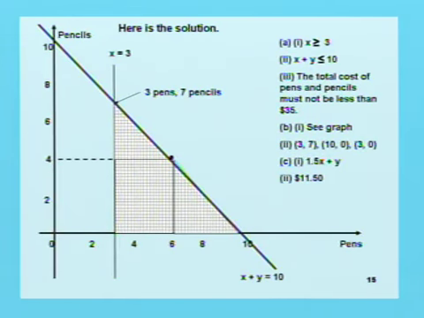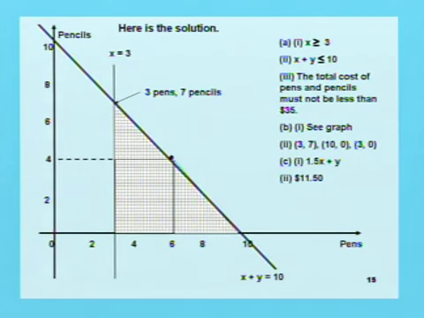We are asked to identify the points that will satisfy the 4 inequalities. That is the point (3, 7), it's marked there, and you see next to it 3 pens, 7 pencils. The next point will be (10, 0), which is where that sloping line crosses the x-axis, or the pen axis.